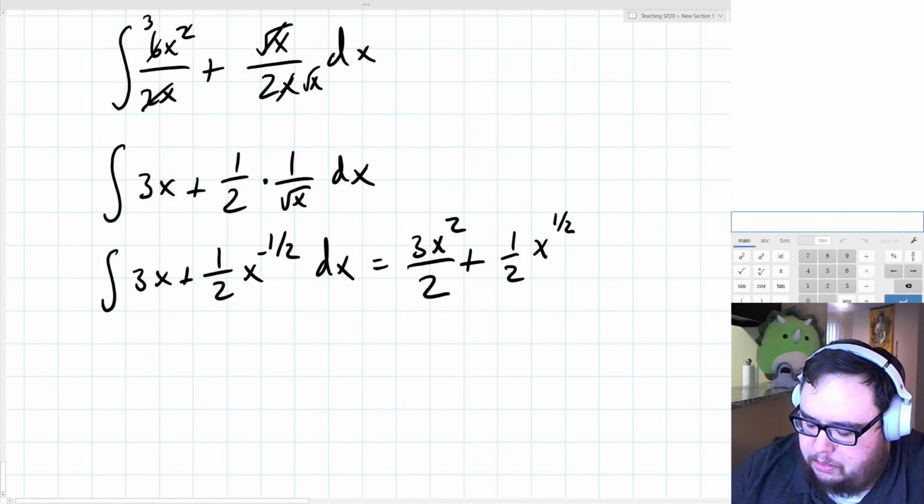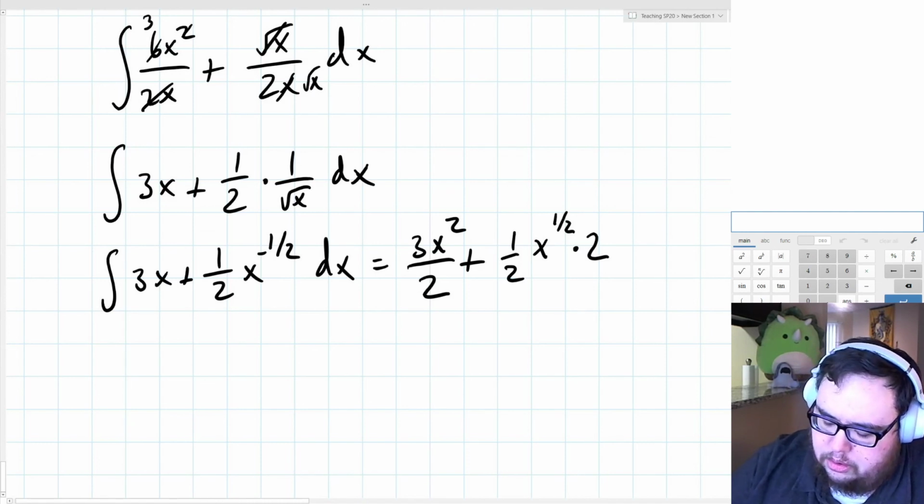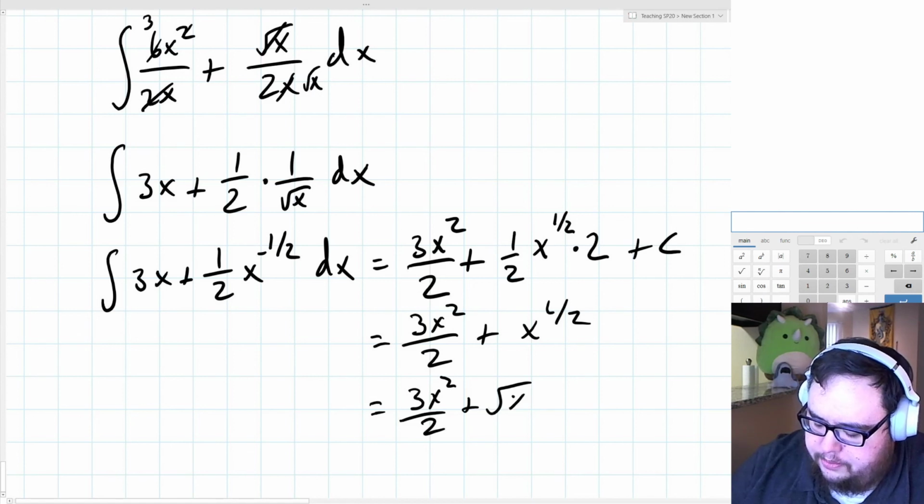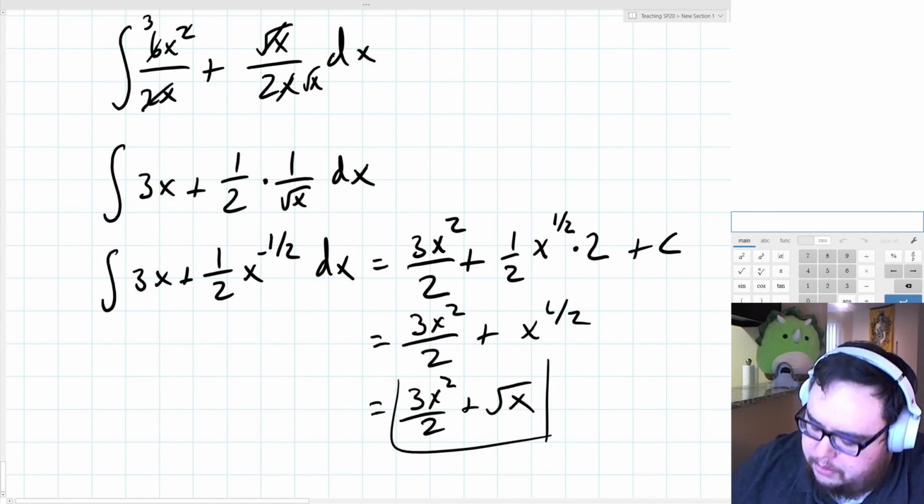That's really the same thing as multiplying by 2, plus a constant. So that's 3x squared over 2 plus x to the 1/2. Or better yet, 3x squared over 2 plus the square root of x, plus c. I had my plus c over there, and then I forgot to keep writing it.